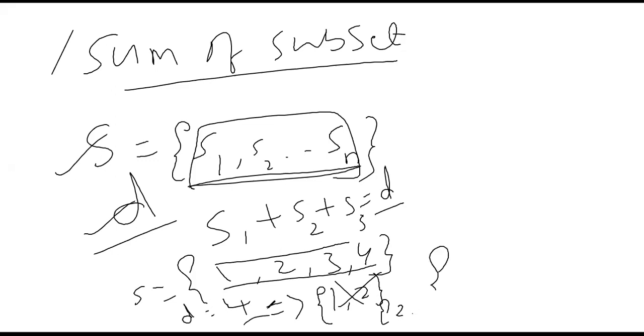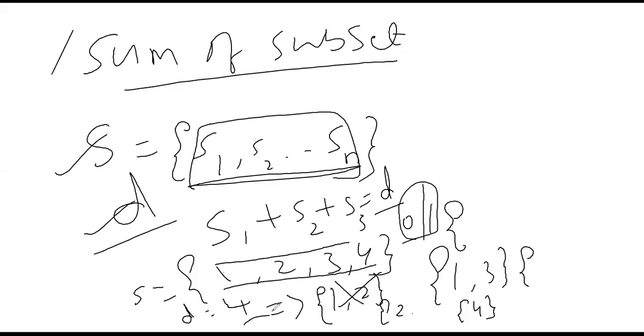So what is a possible one here? 1 comma 3 is possible, 4 is possible, correct? Is there any other possibility? 3 plus 1, yeah, that is also the same. So what should the solution look like? The solution can be represented in terms of 0 or 1. If an element is selected, then write 1. If it is not selected, then write 0.